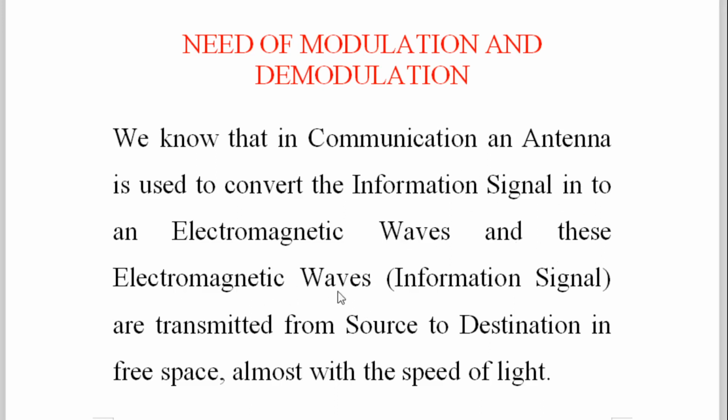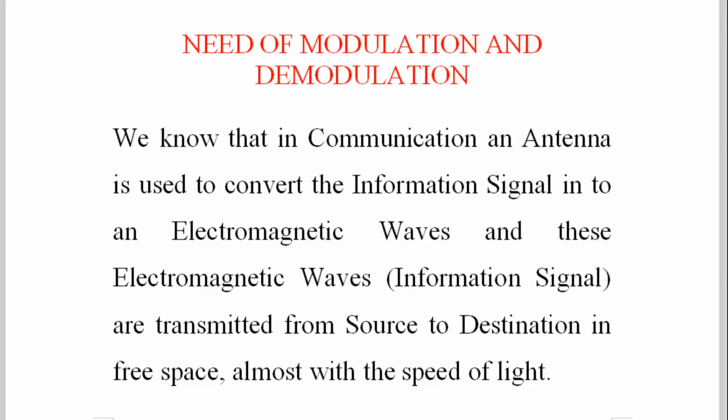And these electromagnetic waves, which carry our information signal, are transmitted from source to destination in free space, that is your air, almost with the speed of light. So this is our general introduction.